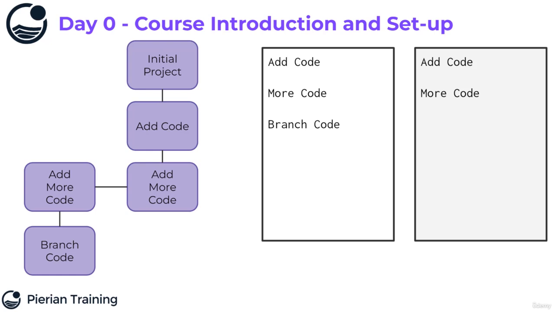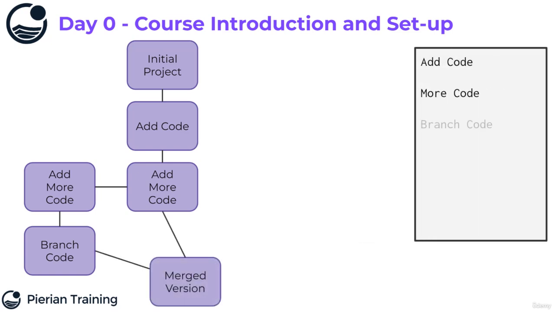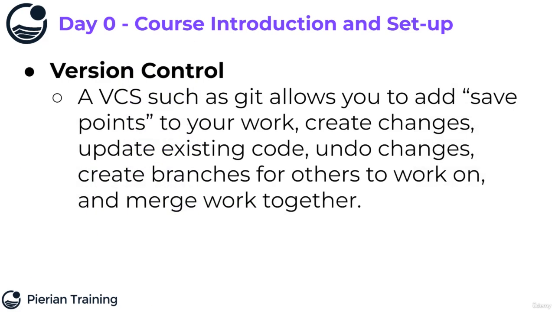So maybe you really like this branch code and your colleague has tested it out, and you actually want to bring that in to what you're calling your main branch. So then you can merge these together and end up having a merged version with this new code that takes both your code and your colleague's code and merges them together. And you can always swap back and forth between different branches and roll back changes.